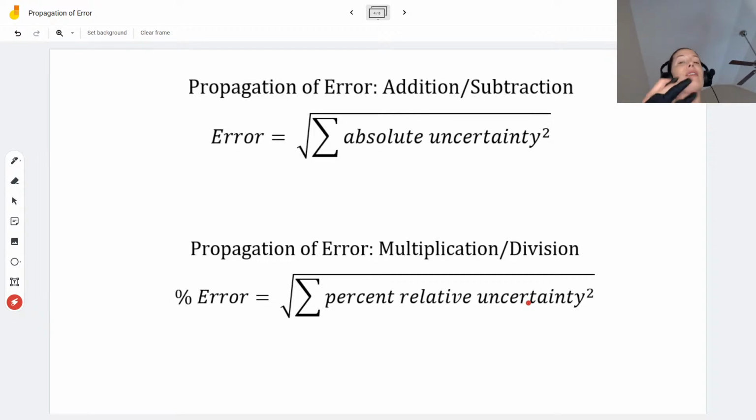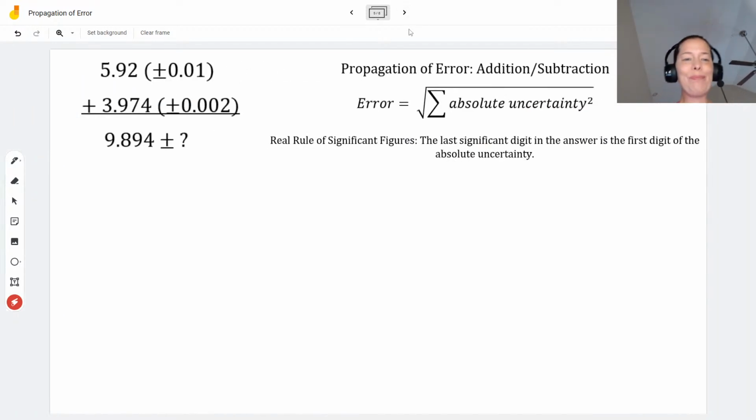We then use that to propagate our error, and then we usually come back out into absolute uncertainty. Again, this will make more sense when we actually do a problem. But just like the error for addition subtraction, you're going to square your percent relative uncertainties, you're going to sum all of those uncertainties, and then you are going to take the square root of that. Okay, now we are going to get to our actual problems.